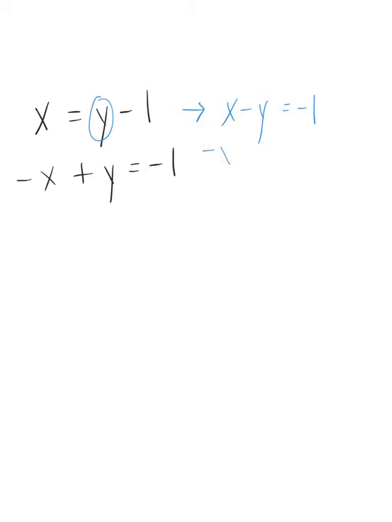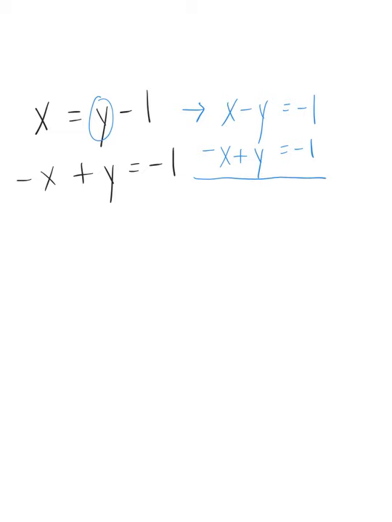Last example, if I have x equals y minus 1 and negative x plus y equals negative 1. If I take the top equation and move the y over, I would subtract this y to the left, and then I line up the other equation.